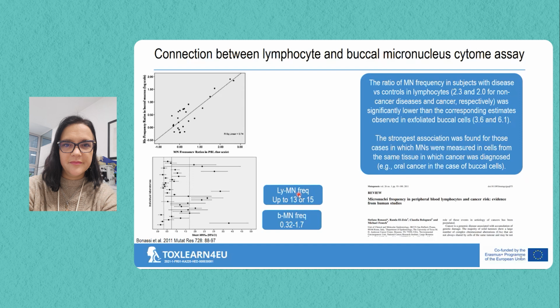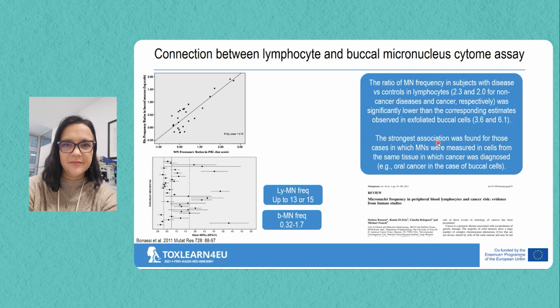It has been shown that the lymphocyte micronucleus frequency is higher, but when we are talking about non-cancer diseases and cancer, what is interesting is that the ratio of micronucleus frequency in people with cancer was much higher in exfoliated buccal cells than in lymphocytes.